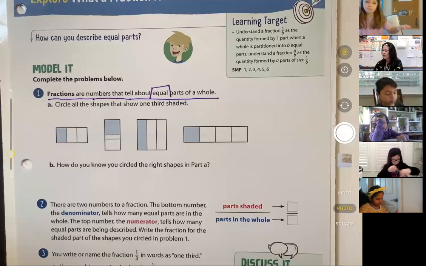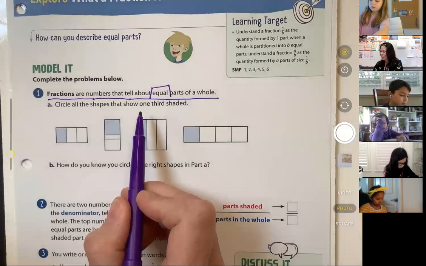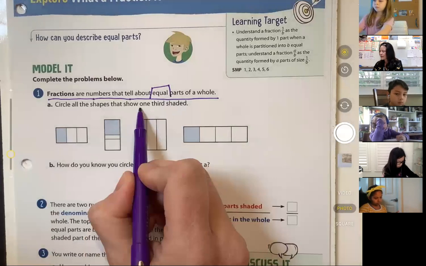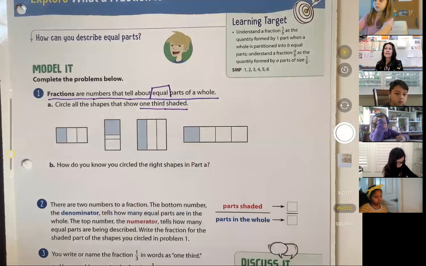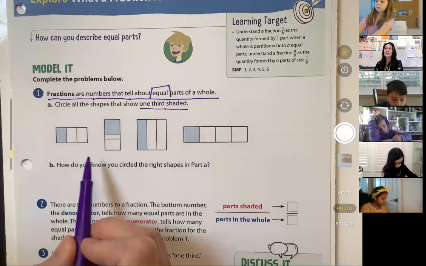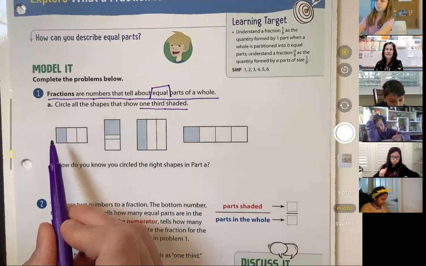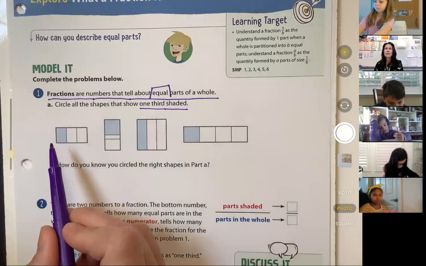So it's going to ask you about circling all the shapes that show 1/3 shaded. You need to ask yourself these questions, friends. First of all, do you have a whole that is fractioned into 3 parts? Because again, we're asking about 1/3.